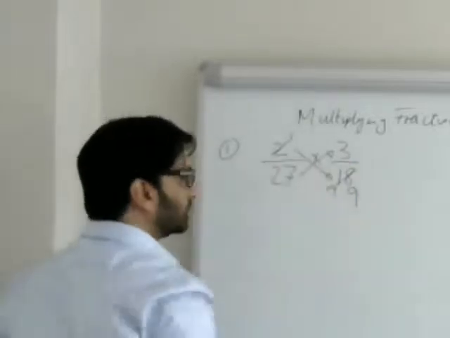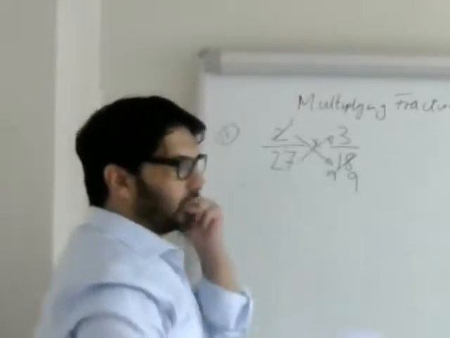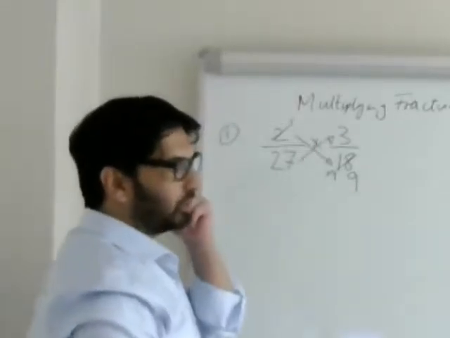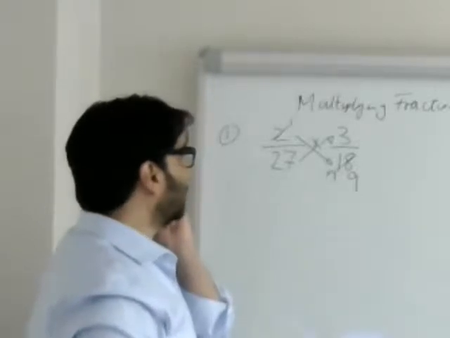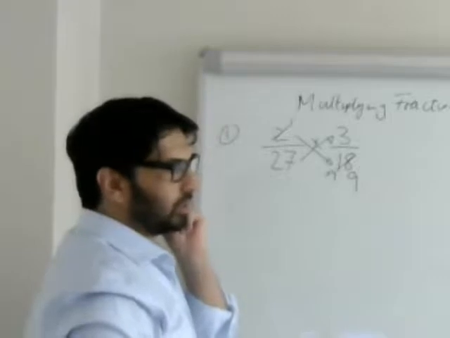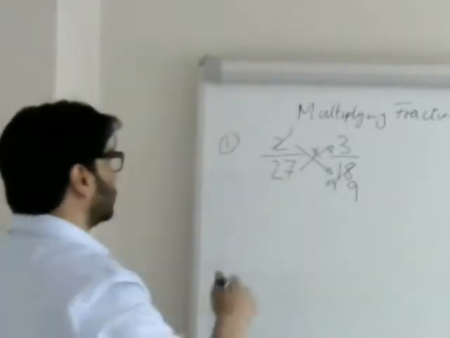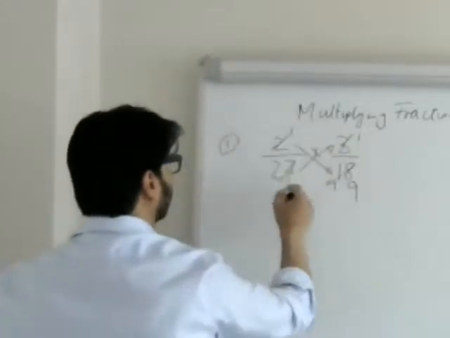How many 3's go into 27? Now, we know that 3 times 4 is 24, and we can see 3 times 9 is 27. So we'll divide that by 3, that will be 1, and this will be 9.